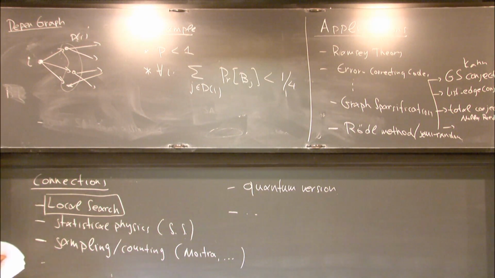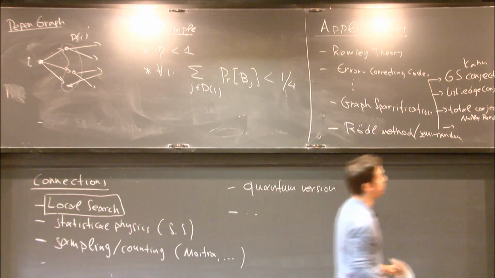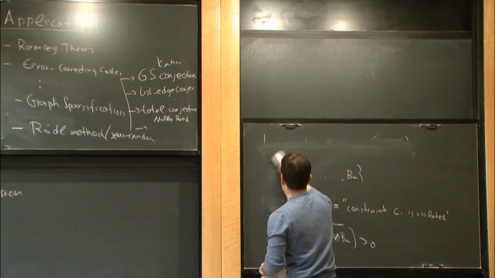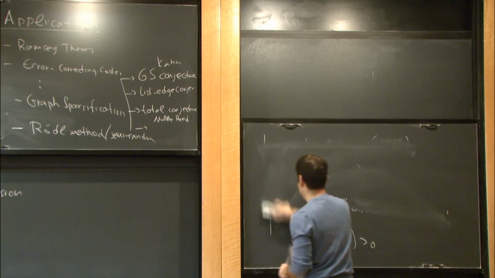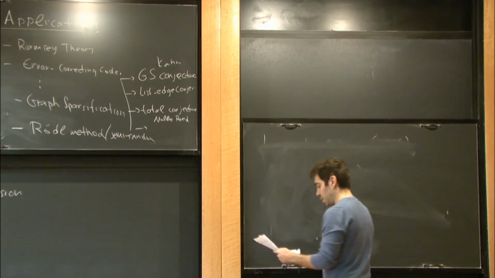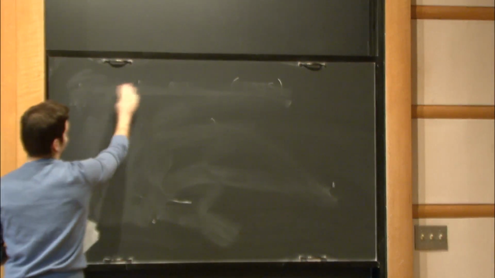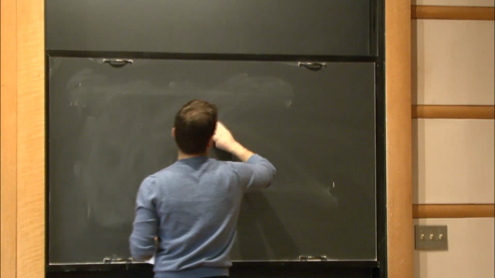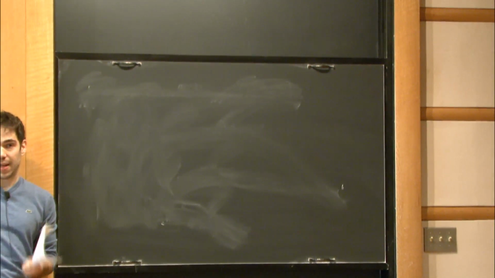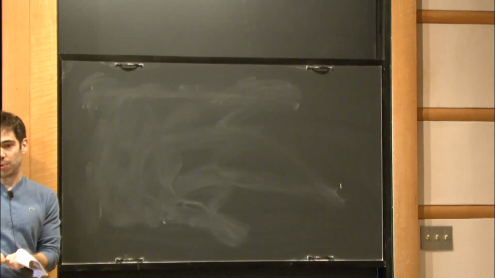what I want to focus on is the connections between the local lemma and local search algorithms. Okay? So since it had so many applications, since the 70s, many people tried to give an algorithm that finds the solutions that the local lemma promises.